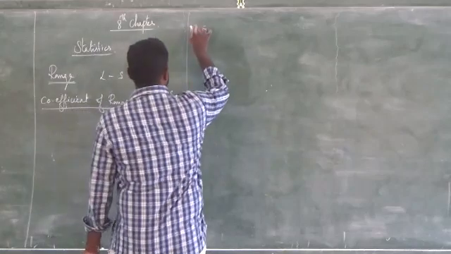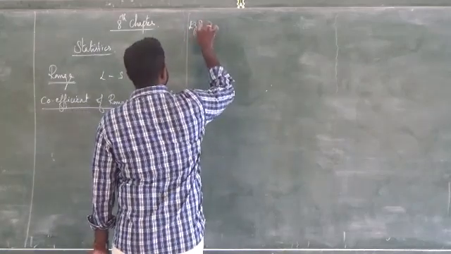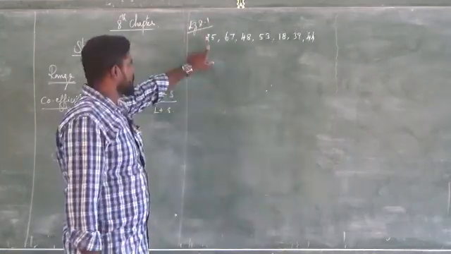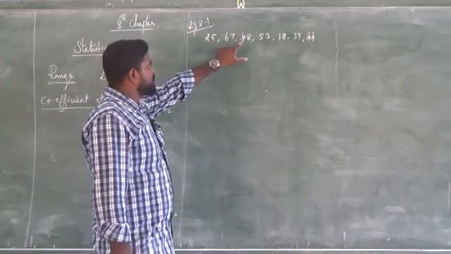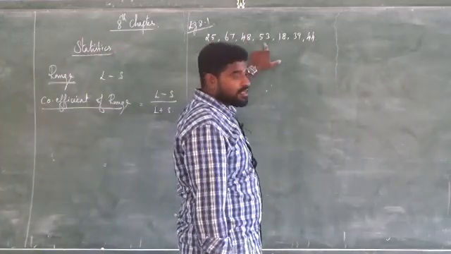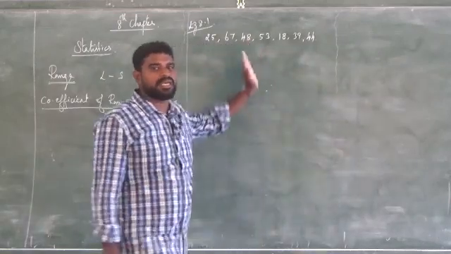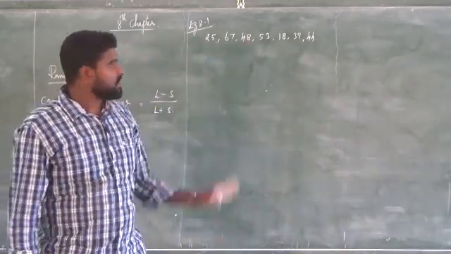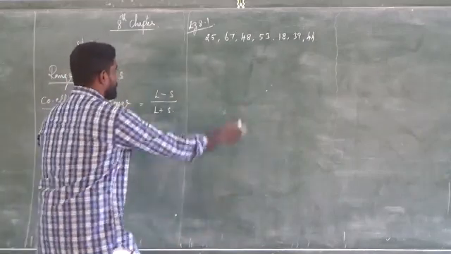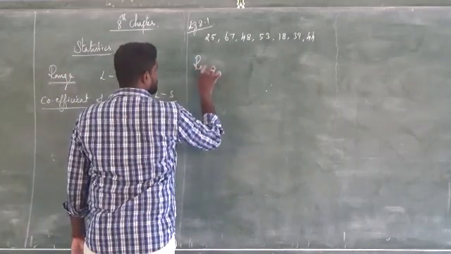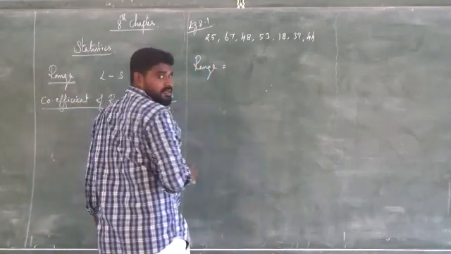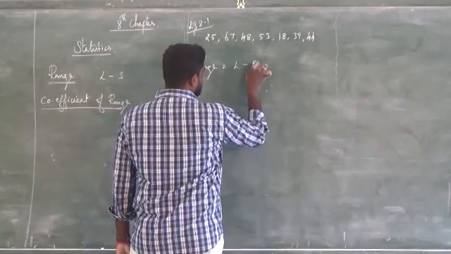First we will see example 8.1. The given data are 25, 67, 48, 53, 18, 39 and 44. We need to find the range and coefficient of range of the given data. First we will find the range. Range is the largest value minus the smallest value.